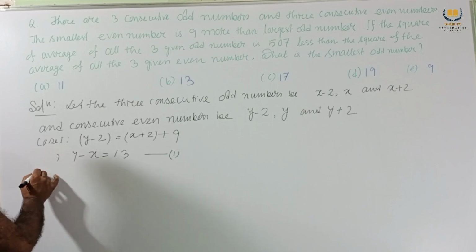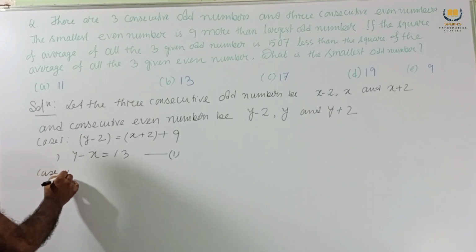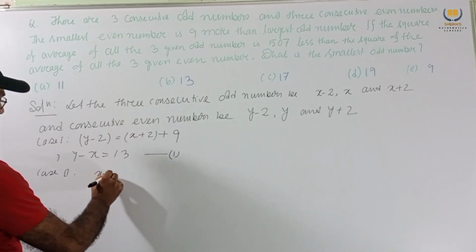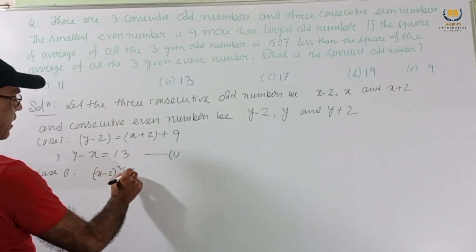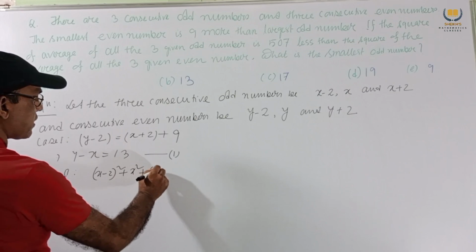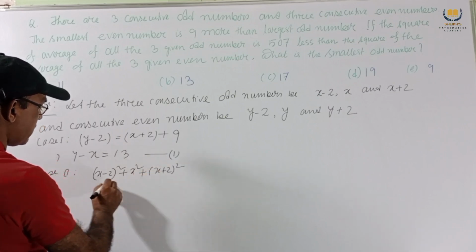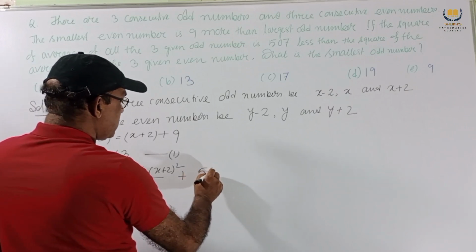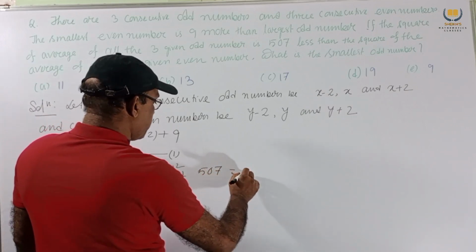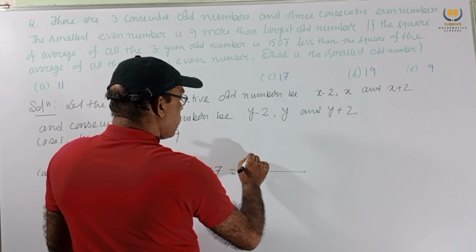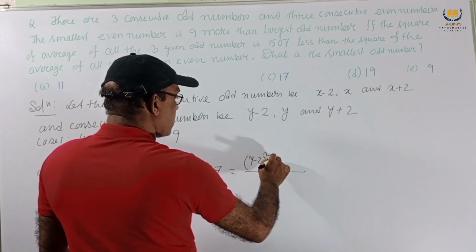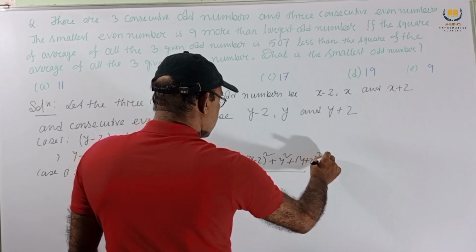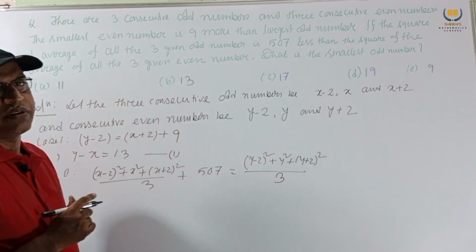So case 2: we consider (x minus 2) whole square plus x square plus (x plus 2) whole square, divided by 3, plus 507, equal to (y minus 2) whole square plus y square plus (y plus 2) whole square, divided by 3. This is according to the question.